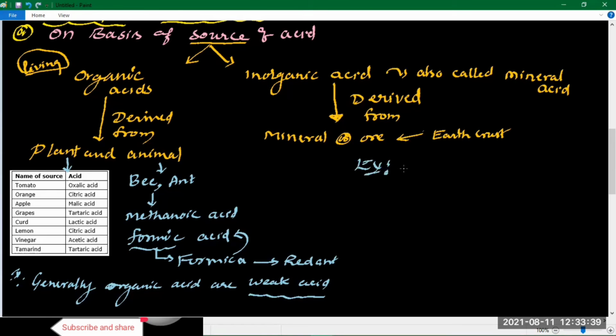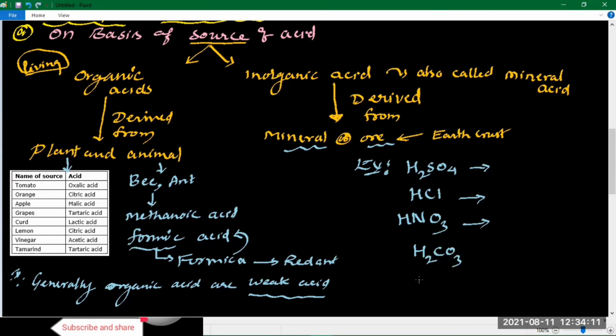Examples for inorganic acids: inorganic acids are directly derived from minerals and ores. So, sulfate ores produce sulfuric acid, chloride ores produce hydrochloric acid, and nitrate ores produce HNO3, nitric acid. These all come under mineral acids or inorganic acids. Along with this, we also learned about carbonic acid and phosphoric acid.